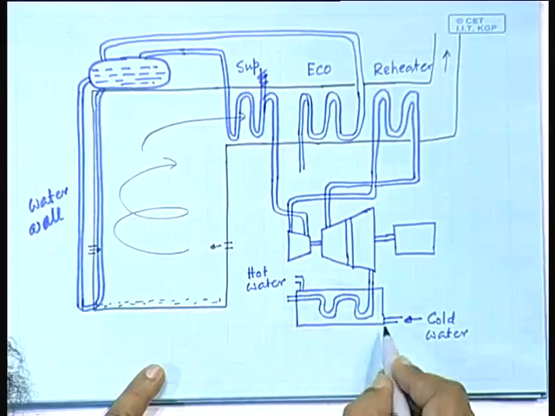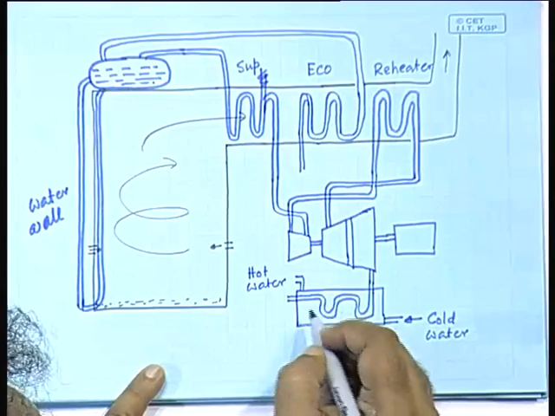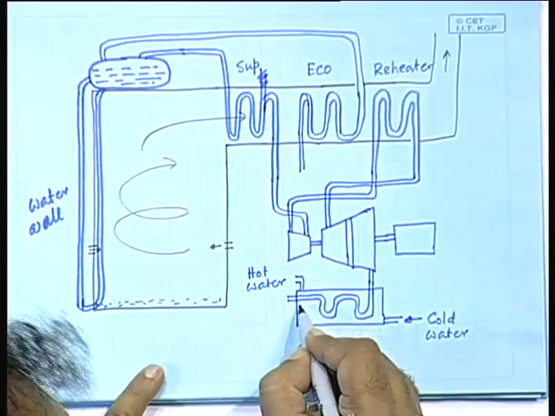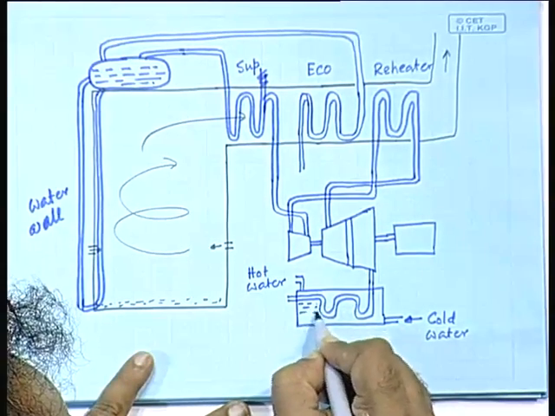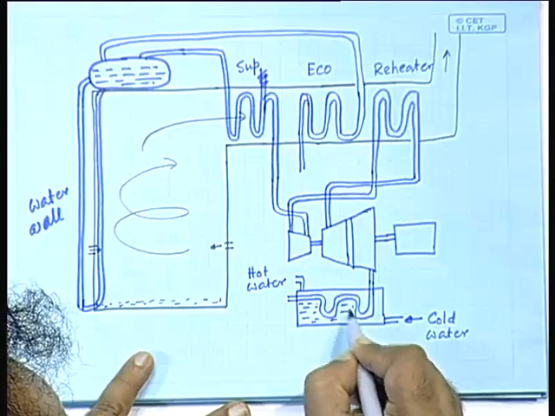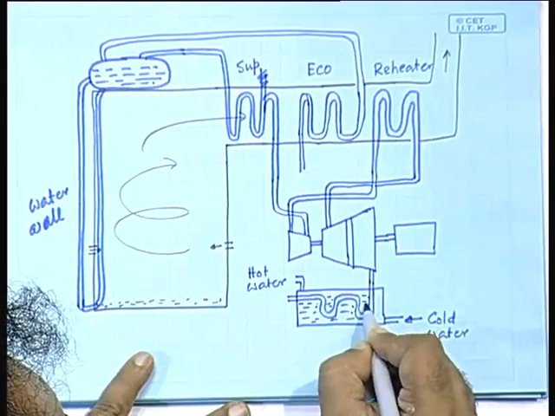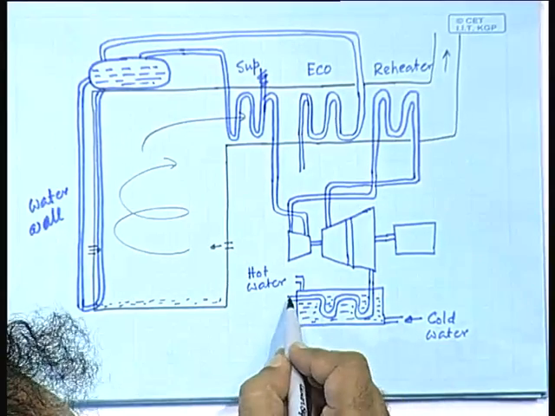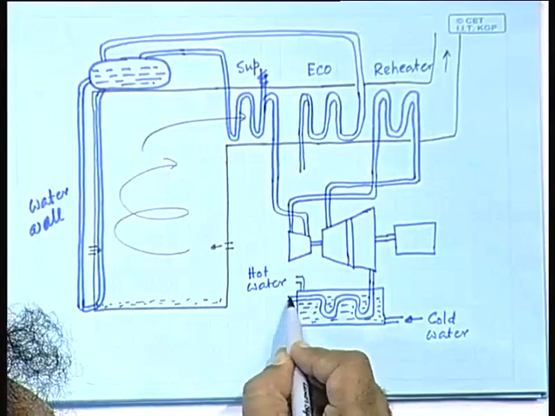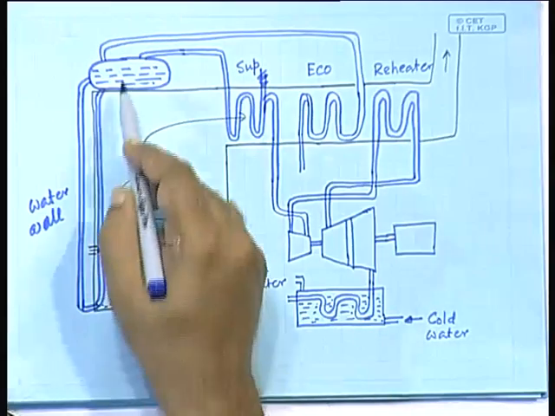So, you have the condenser here. In order to depict it correctly, let me put this symbol of water here, so that you understand this is all filled up with water. And after it comes out of this, it is water, and that has to be fed back.